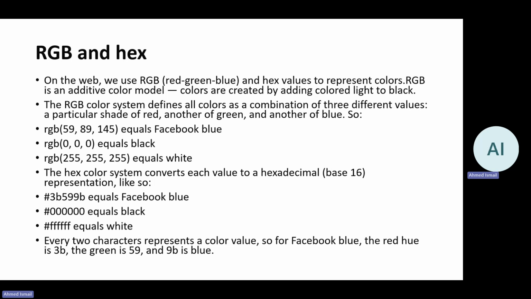On the other hand, the hex color system converts each value to a hexadecimal. Hexadecimal means base 16, a number system based on 16. The representation looks like this hashtag 3B599B, which also equals Facebook blue. Hashtag 000000 equals black, while FFFFFF equals white.